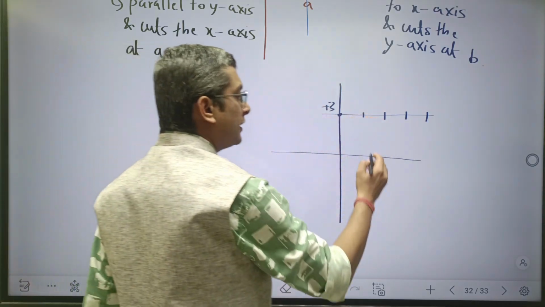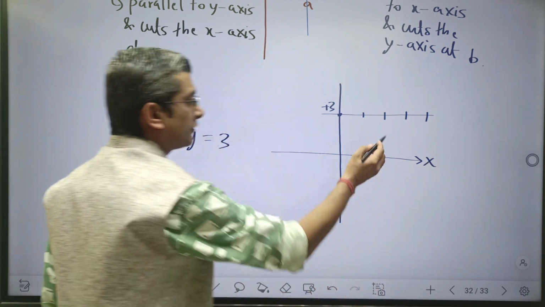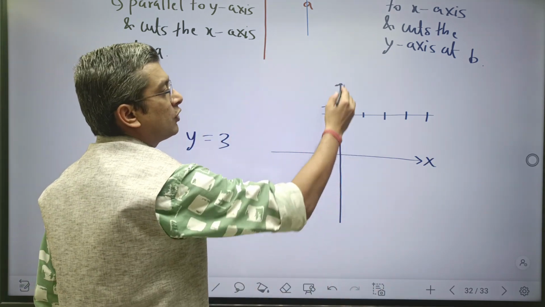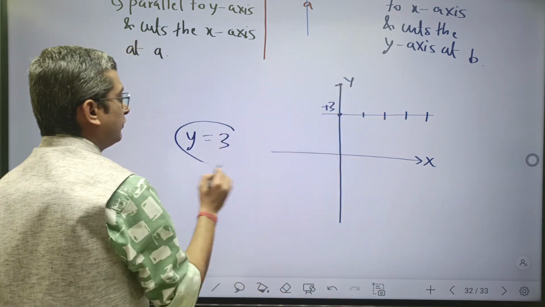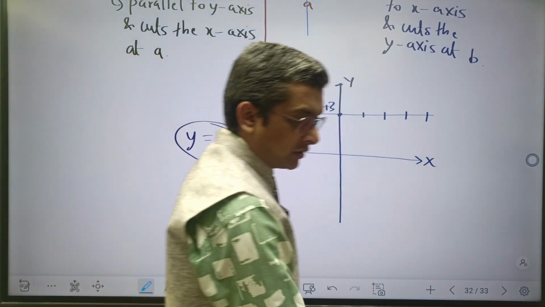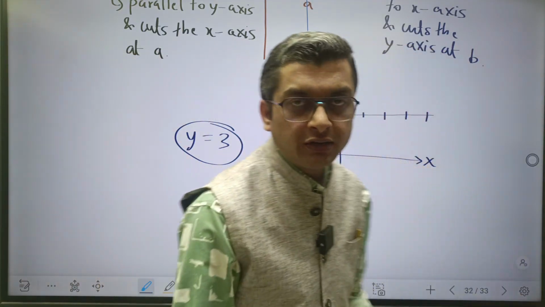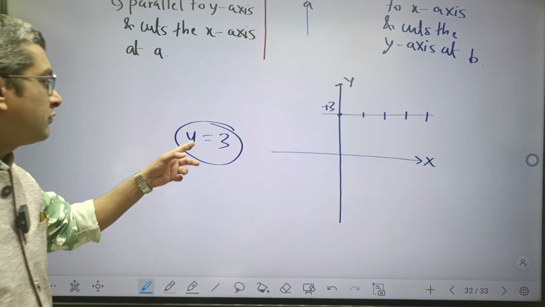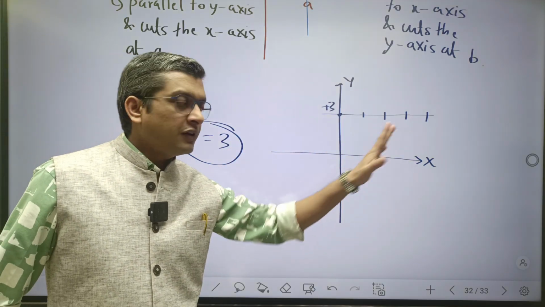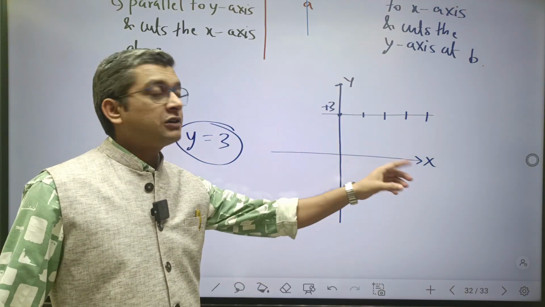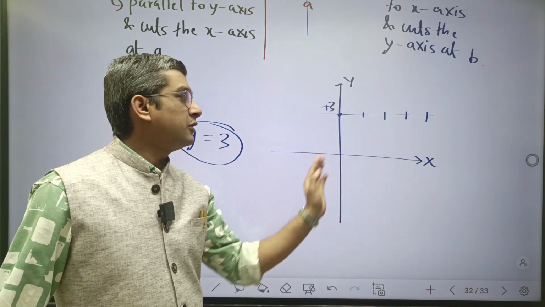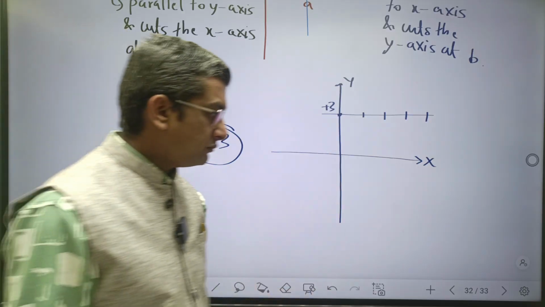So this line, parallel to x-axis and passing through plus 3 on the y-axis, represents the equation y is equal to 3. So y is equal to some constant. The graph of y is equal to some constant is parallel to x-axis, and the graph of x is equal to some constant is parallel to y-axis.